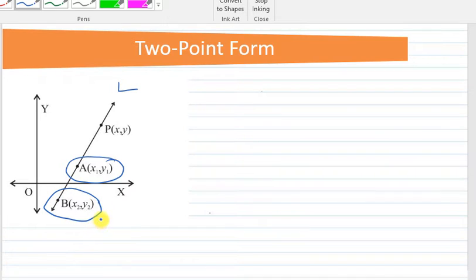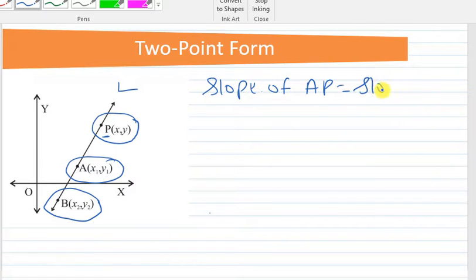Let's take an arbitrary point on the line (x, y), that is point P. Here from the figure we can tell slope of line L will be equal to slope of AP or slope of AB. That means slope of AP is equal to slope of AB.